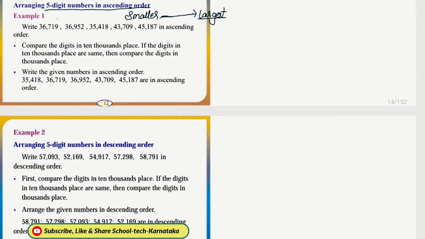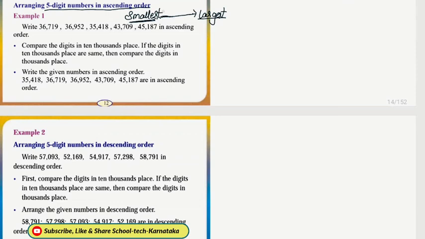Our given set of numbers are 36,719, 36,952, 35,418, 43,709, 45,187. So to write them in ascending order, first we need to find the smallest number.